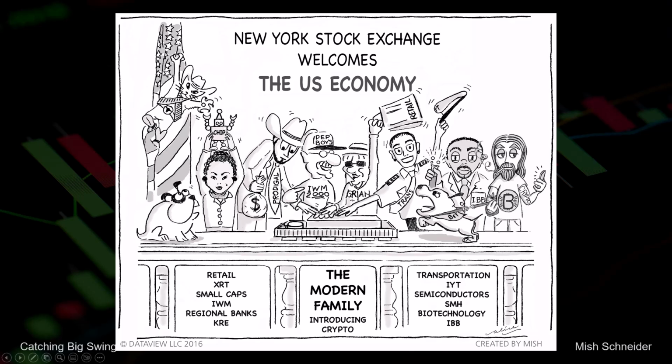Granny Retail, XRT, which represents about 70% of the gross domestic product in the U.S. Transportation, IYT. IBB, which is biotechnology, both a secular and non-secular sector of the market. And finally, here is our crypto guy, and we're going to be looking at BTC as the general representation there.